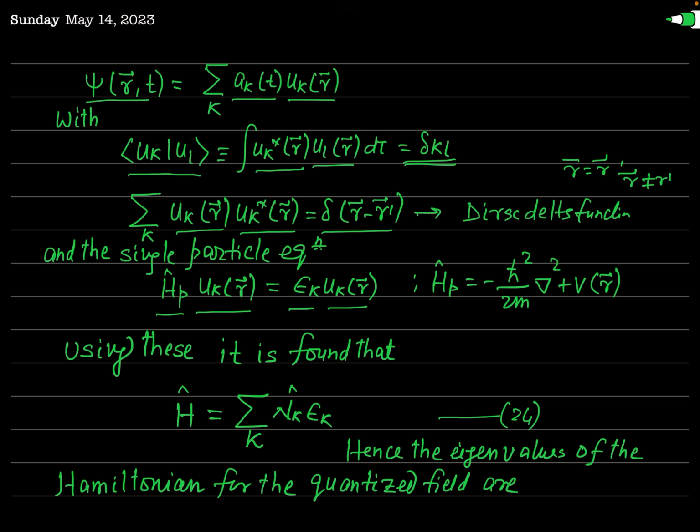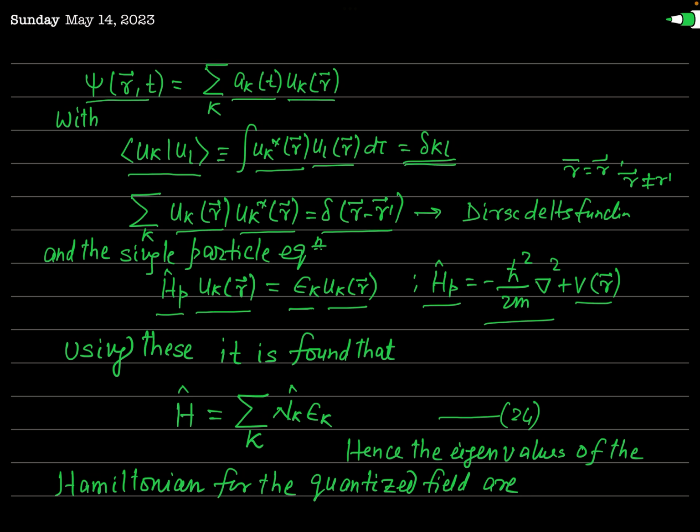This single particle Hamiltonian is defined as minus h bar squared over 2m del squared plus V of r.